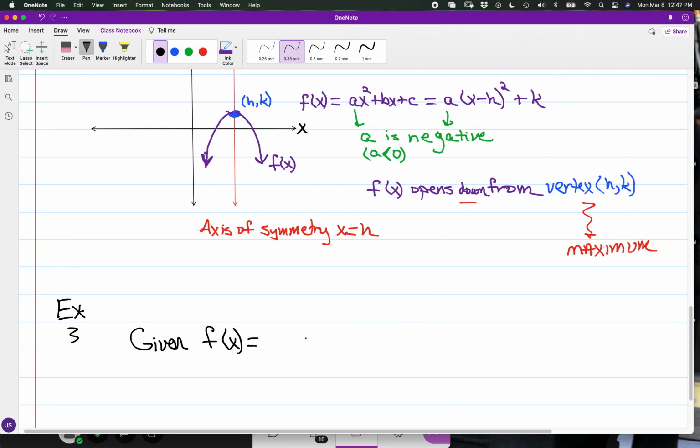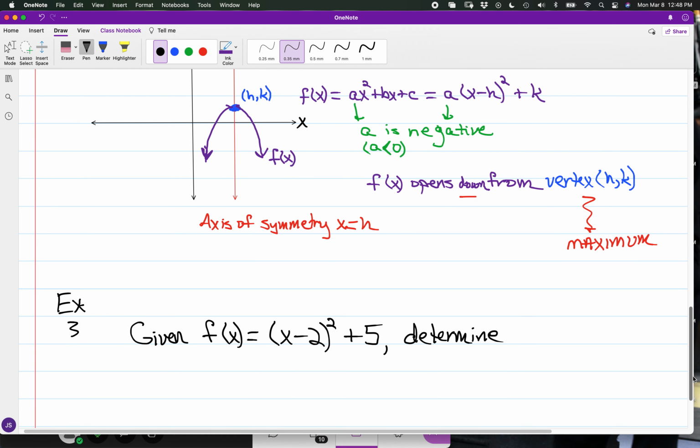Let's say we are given f of x equal to the square of x minus 2, followed by the addition of 5. And let's say we were to determine, first of all, the direction that the graph is going to open.